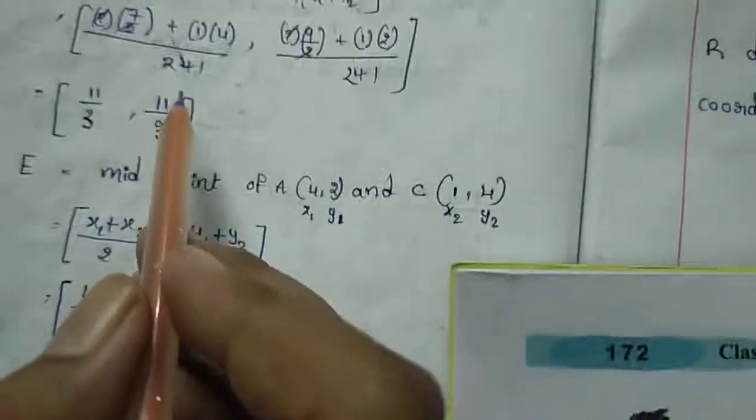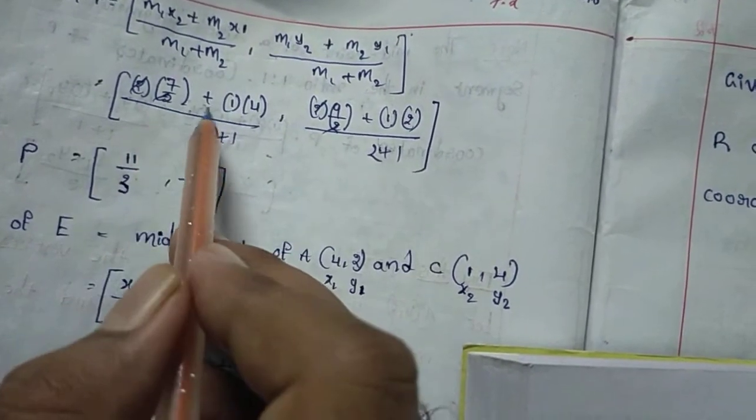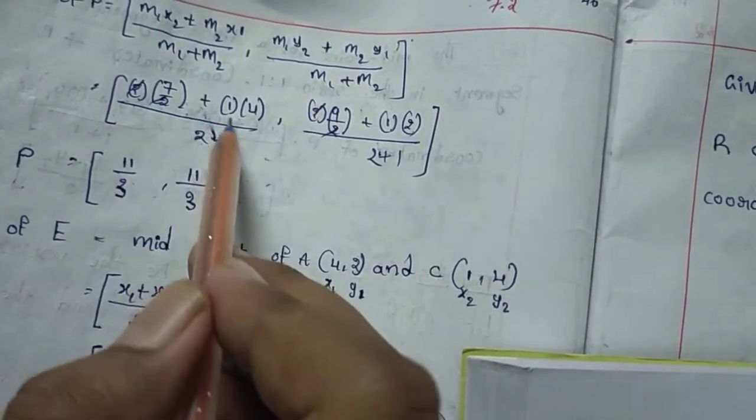The x-coordinate is (2 into 7 by 2 plus 1 into 4) by (2 plus 1).